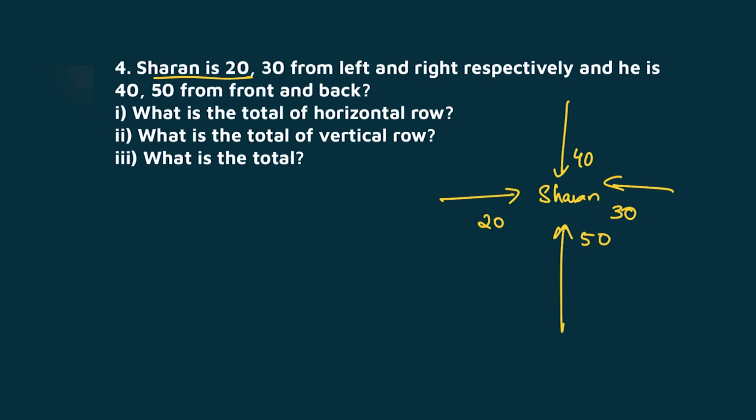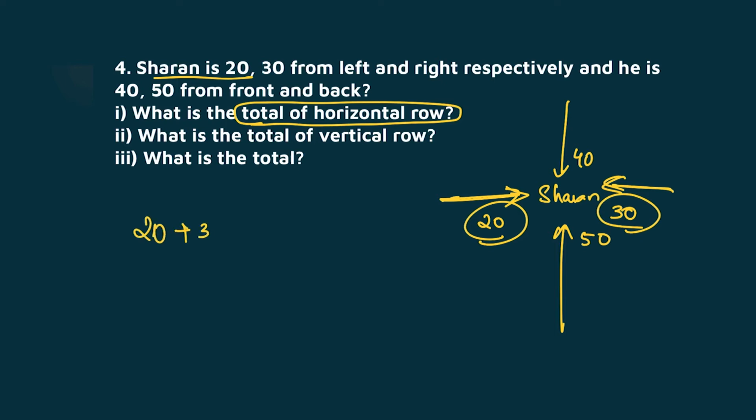Now we have to calculate the total of the horizontal row. See the values of the horizontal row: 20 from left and 30 from right. 20 plus 30 is equal to 50.